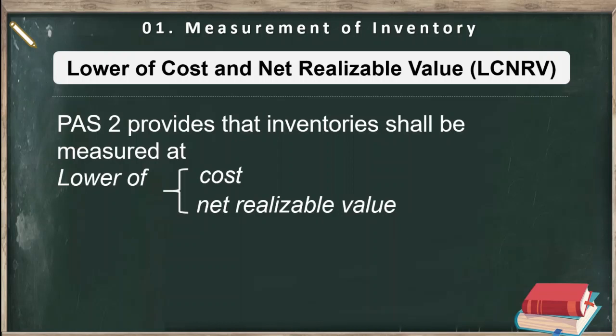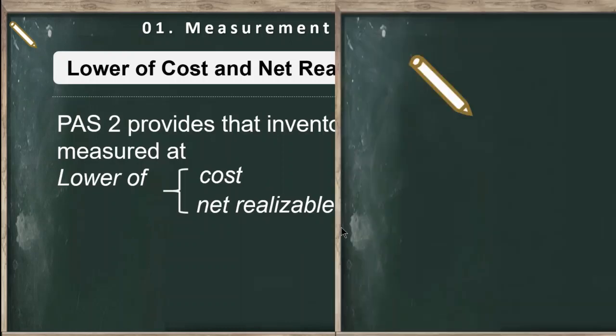So katong ato ang ma-derive na amounts using either FIFO, periodic, perpetual, or weighted average, periodic, or moving average. Whatever amount that we will derive from that will be treated as the cost. And we're going to compare that with the NRV or the net realizable value.